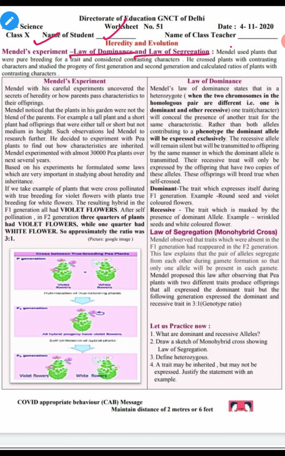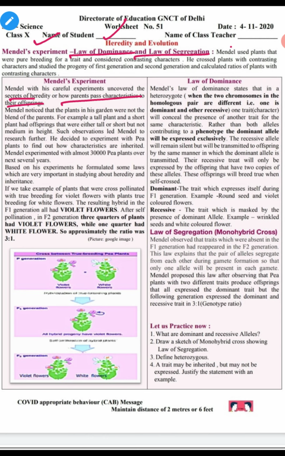He crossed the plants with contrasting characters and studied the progeny of the first generation and the second generation and calculated the ratio of the plants for their contrasting characters. In his experiment, he actually showed how heredity works, or how the parents pass their characteristics to their offspring.